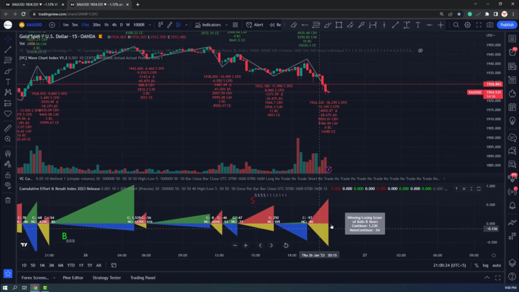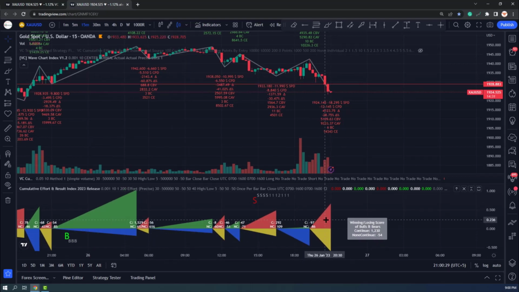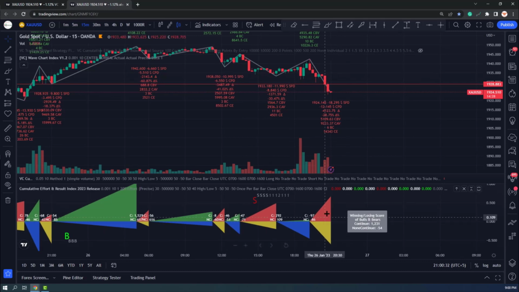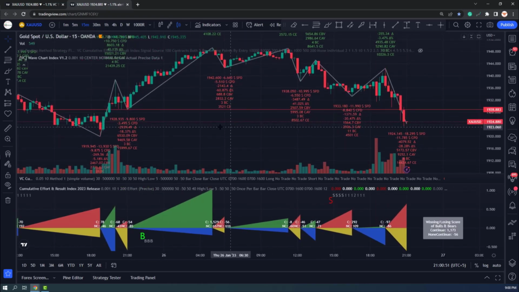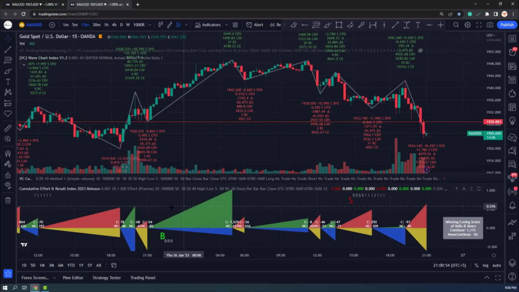You see on the positive side of the histogram, we have two types of colors, two types of data: the red color and the green color. The green color is showing the results of buyers, the positive movement of the market.